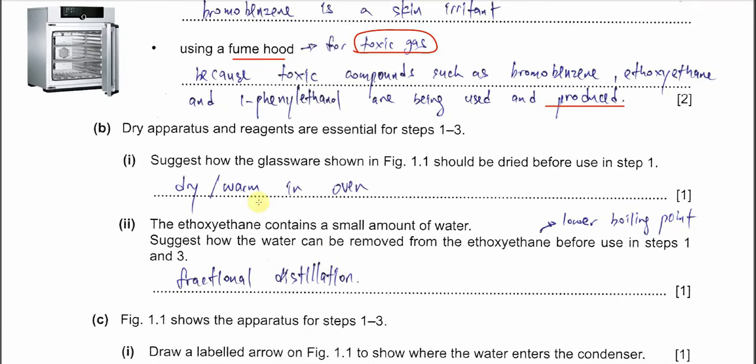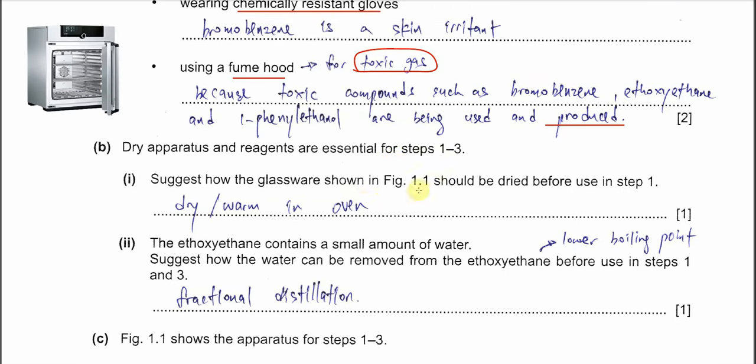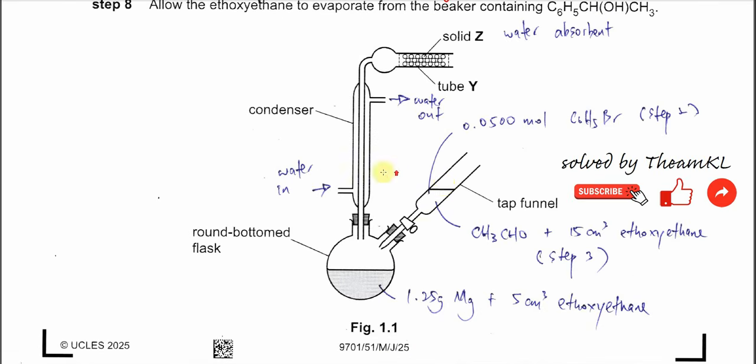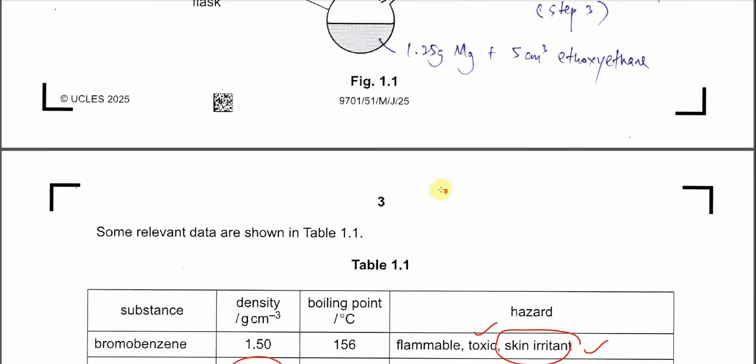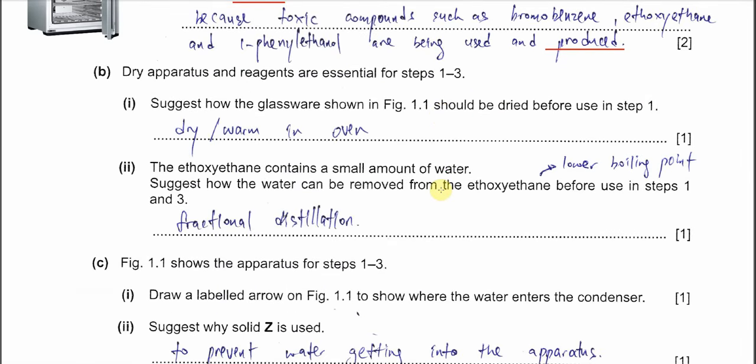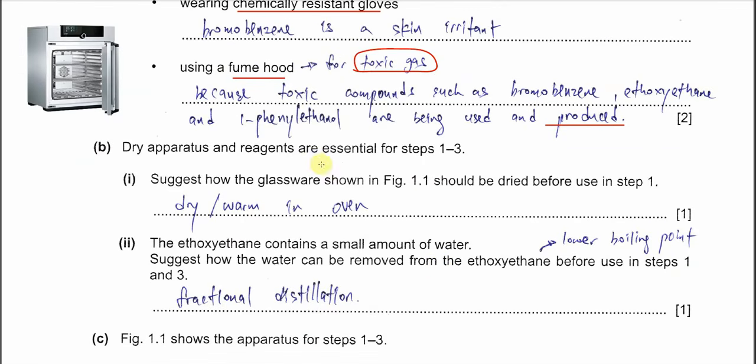Part B. Dry apparatus and reagents are essential in steps 1 to 3. Suggest how the glassware shown in figure 1.1, meaning the round bottom flask, condenser and all these tubes, should be dried before use in step 1.